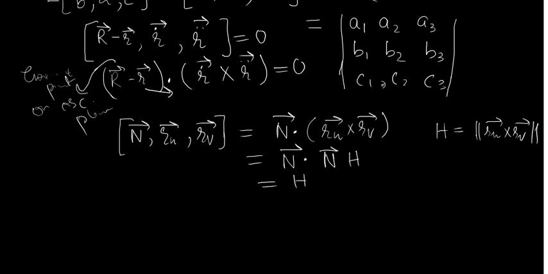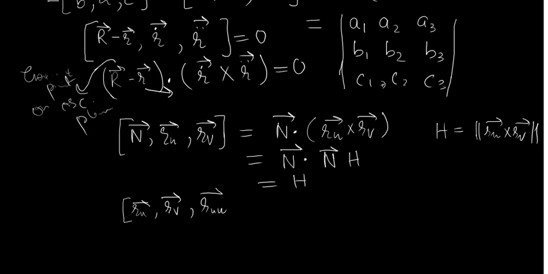Similarly, I can talk about this. The triple scalar product would be, say, ru, rv, r sub uu.